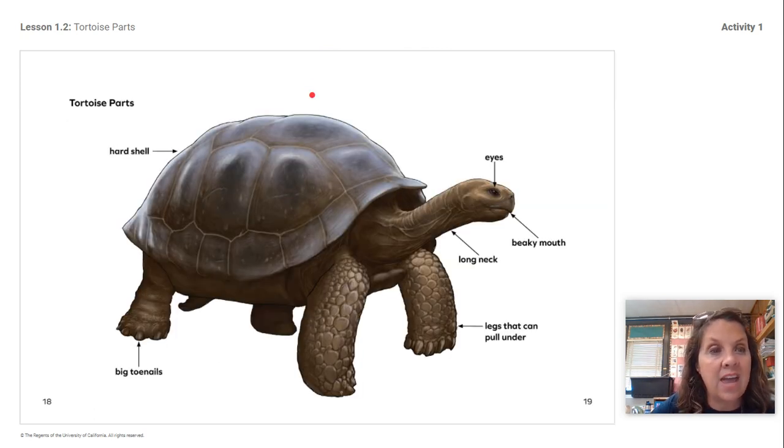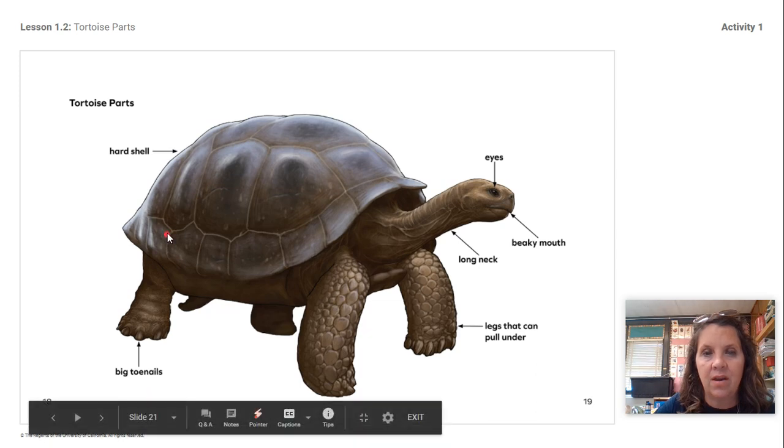So here is an illustration of the whole body of the tortoise with all the labels. The title says tortoise parts. It names each one. Hard shell, big toenails. Okay.